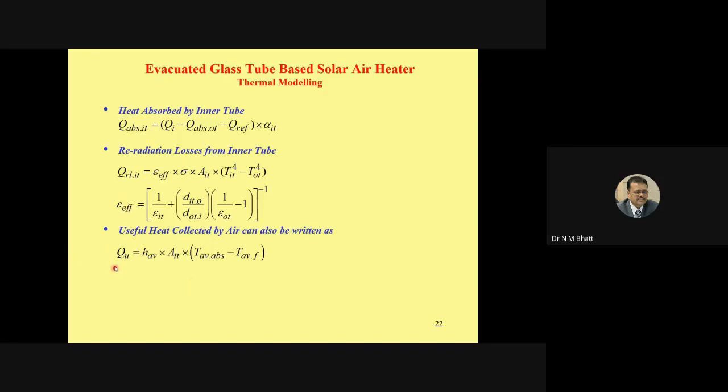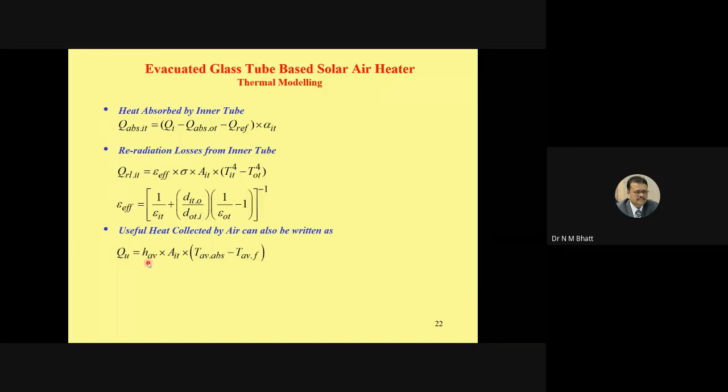Okay. For example, here the convective heat transfer coefficient between absorber and air. If it is a laminar flow, if it is entry length, if it is turbulent flow, depending upon the case, you need to use the if statement. If the flow is developing, some correlation will be there. If the flow is fully developed and laminar, another correlation would be there.